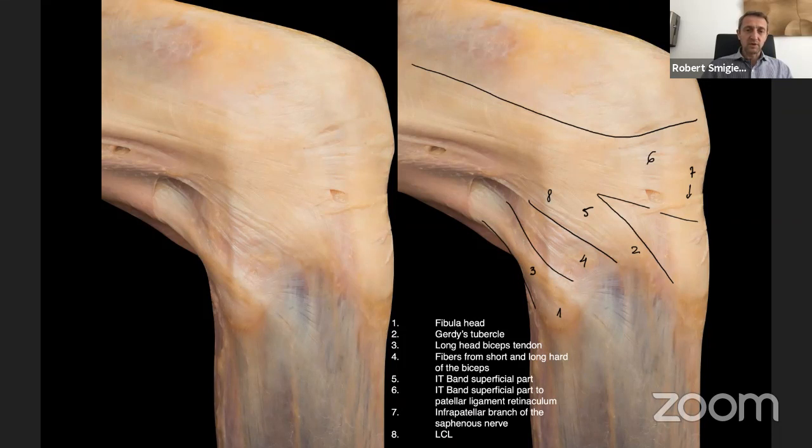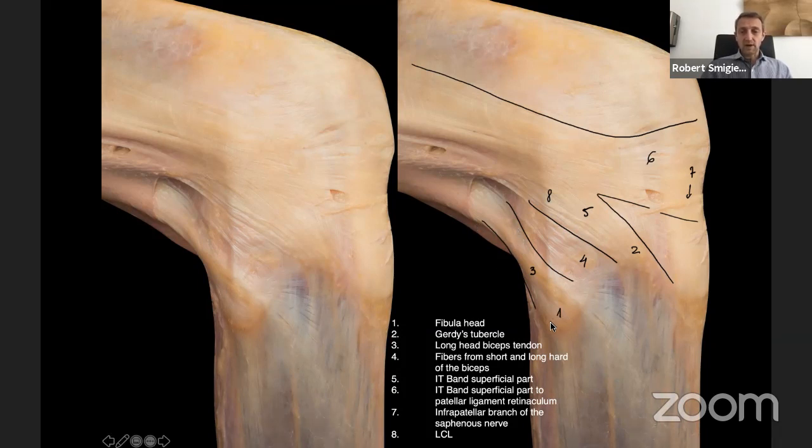Quite often, one makes the incision for the arthroscopy here, and this area could be really painful. You can see the small nerve branch here. It could be a really painful area after the anterolateral portal for the arthroscopy.